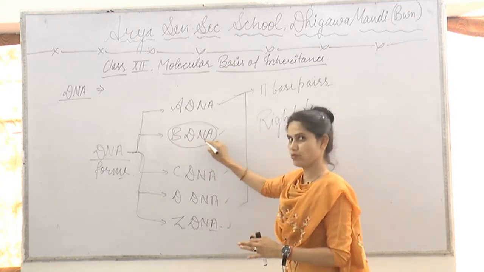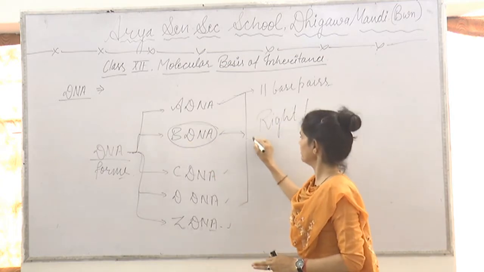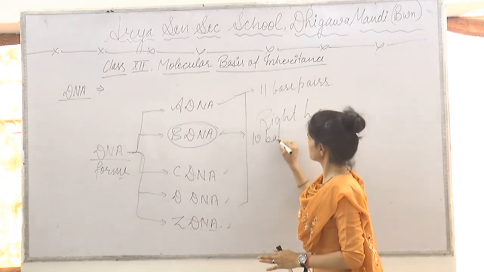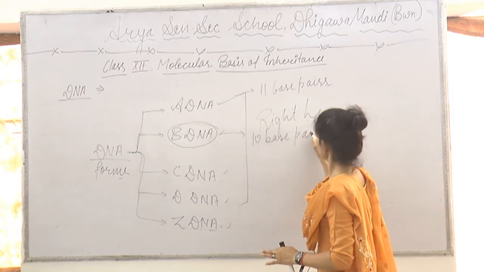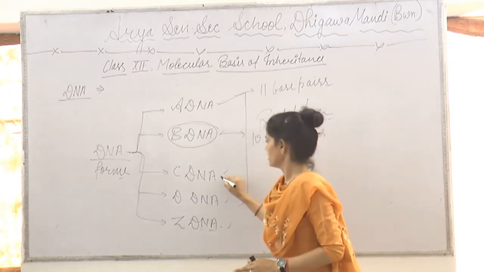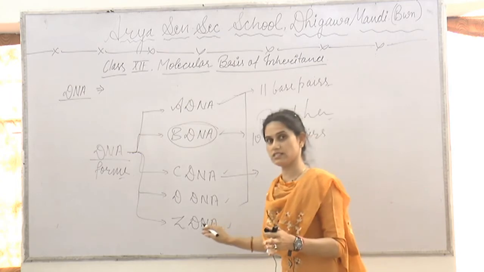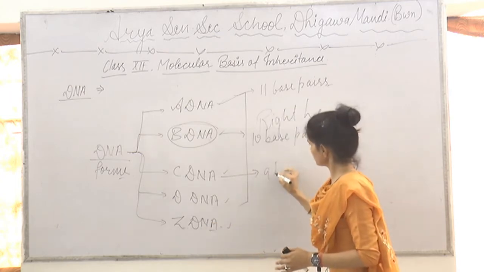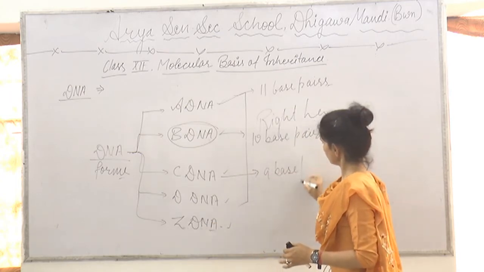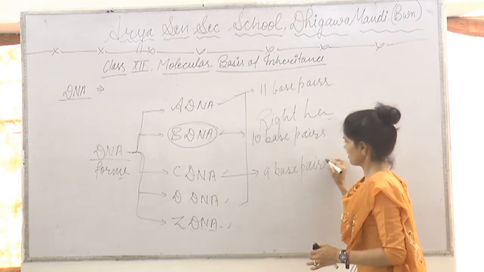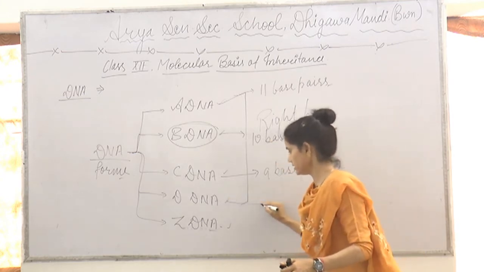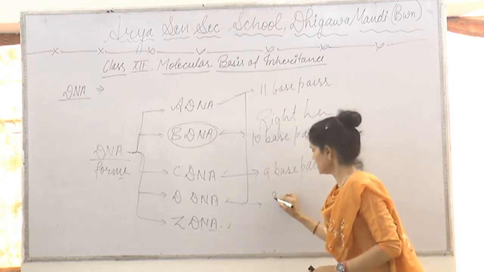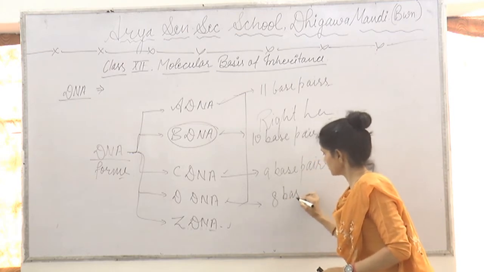One helix of bDNA has 10 base pairs. One helix of cDNA has 9 base pairs. And one helix of dDNA has 8 base pairs.